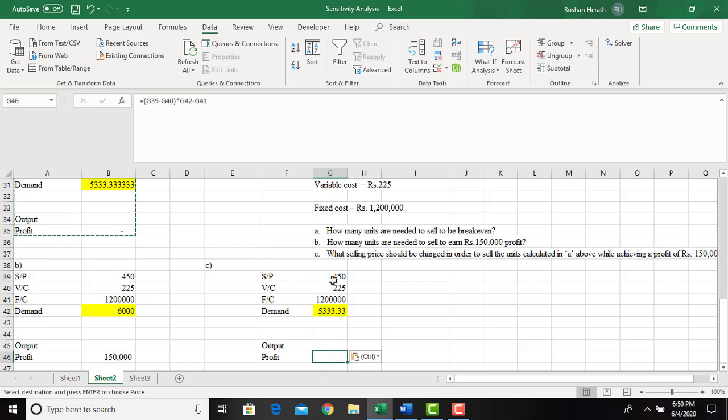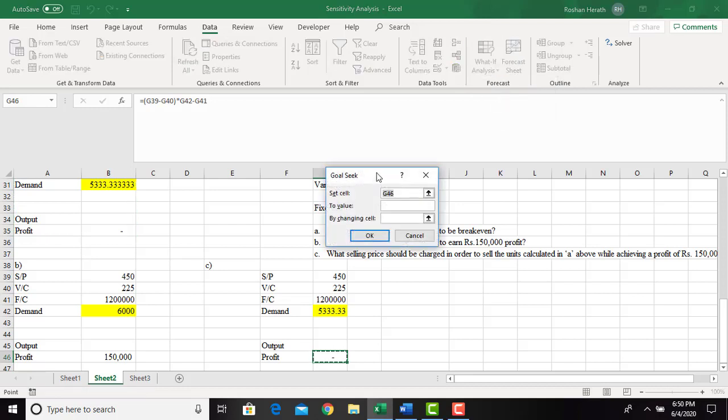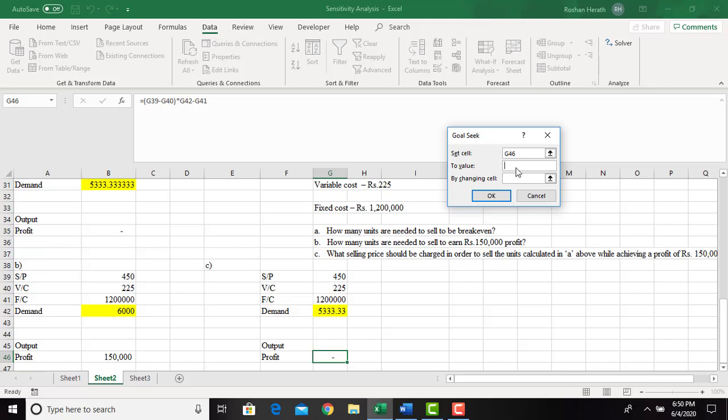The only thing you change is the selling price, right? You take What-If Analysis, Goal Seek. You set this particular cell to 150,000, but the only thing that you can change is the selling price. Say okay.